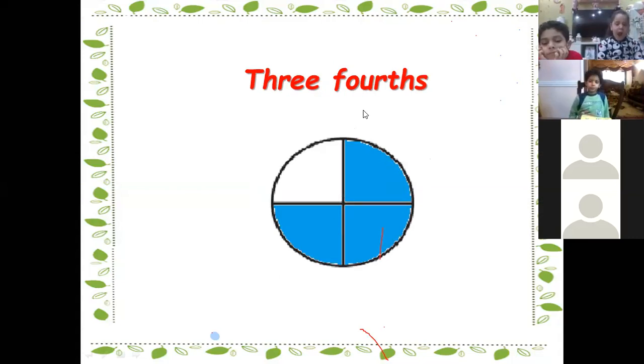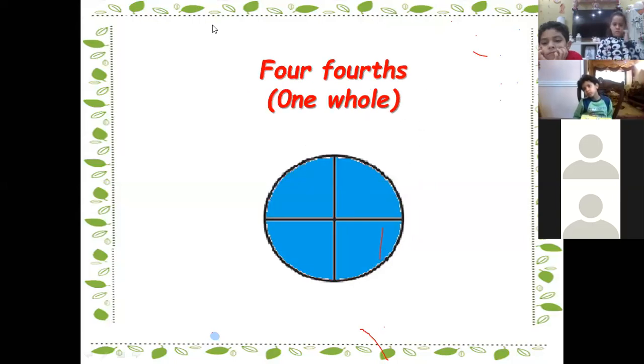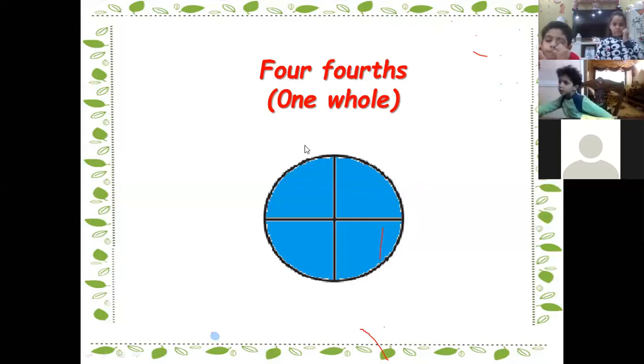Here we have 3/4, 1, 2, 3 parts of the shape. We color 3/4. And here we colored 4/4. And 4/4 makes the whole.